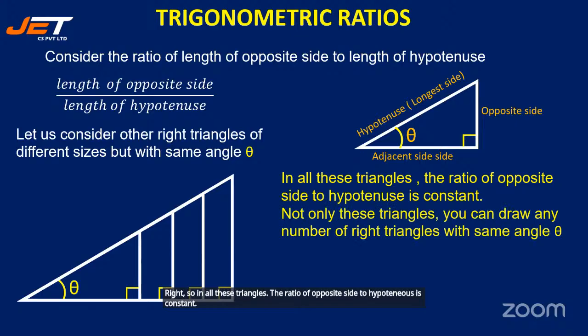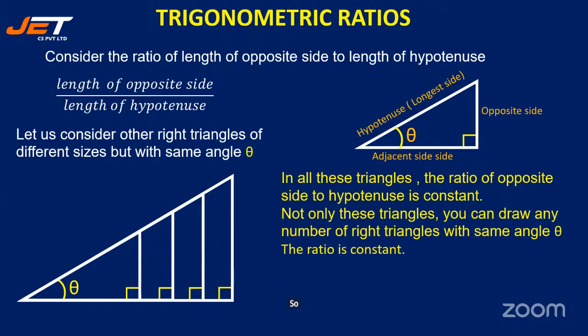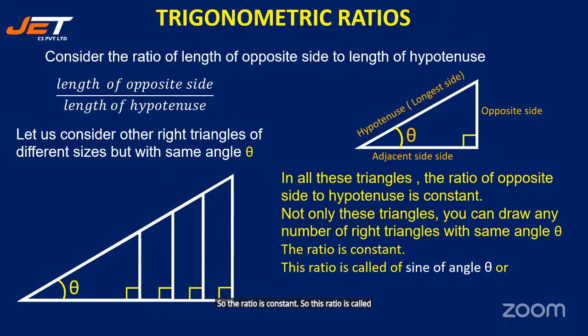Not only these triangles, we can draw any number of right triangles with the same angle theta, so the ratio is constant. This ratio is called sine of angle theta, or simply sine theta. So what is sine theta? It is opposite side by hypotenuse.